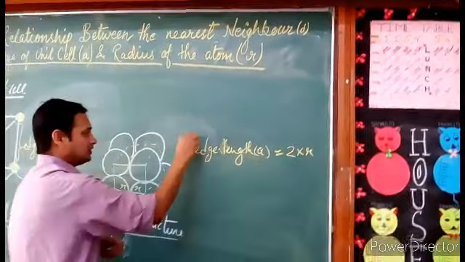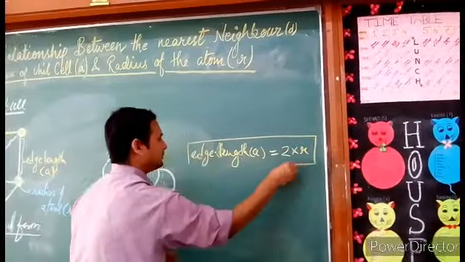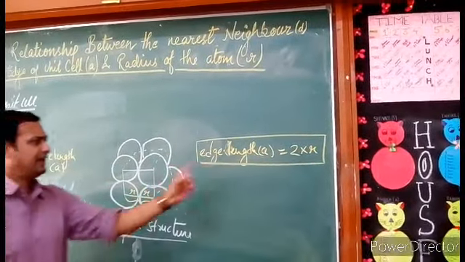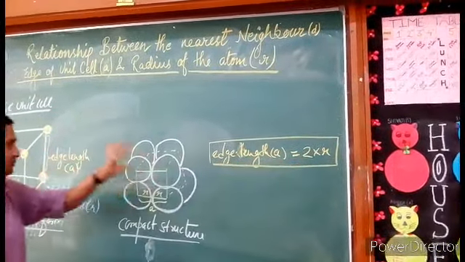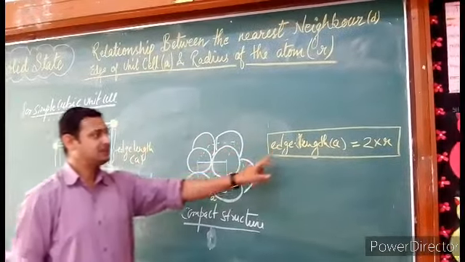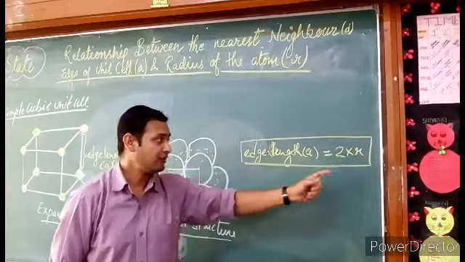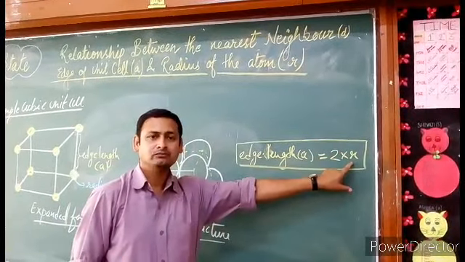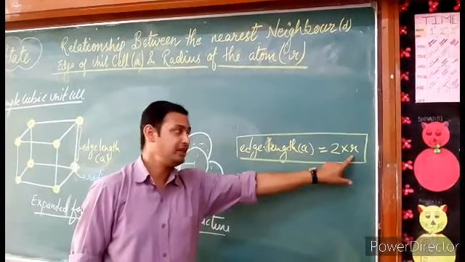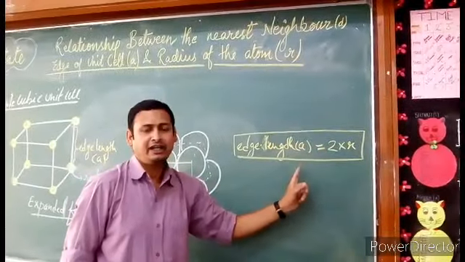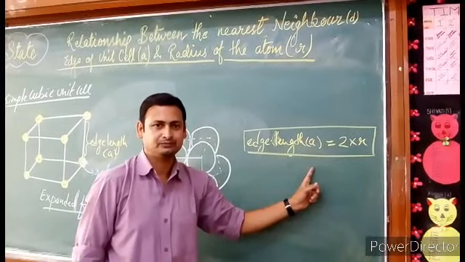So this is the first relationship between edge length and radius. For simple cubic, edge length A will be 2 times the radius, or we can say the radius of atom in simple cubic will be edge length divided by 2, half of the edge length.